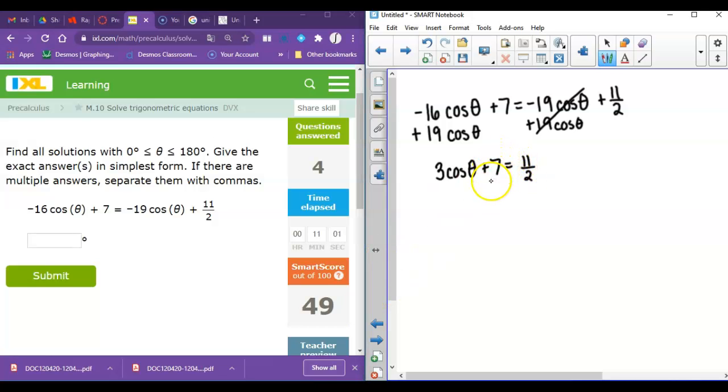And we are going to need to solve for that cosine of theta here. So we have to subtract the 7. So we've got 3 cosine of theta equals 11 over 2 minus 7, that would be 11 over 2 minus 14 over 2. If we get common denominators, we're going to get negative 3 over 2.